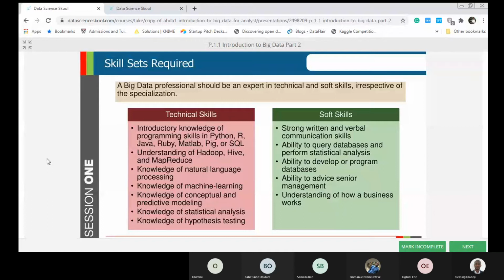We have a particular client that would call some staff in Octave Arena and say, I don't want to mention someone's name, say Blessing, I have an executive management meeting next week Friday. Please, can you do a report of everything that we have been doing in the past 6 months?